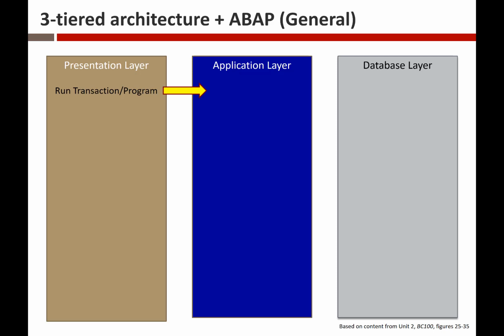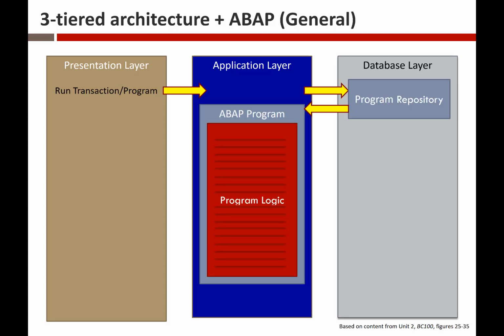That will result in them typing that in or them double-clicking it. That will result, of course, in communication being sent back to the application layer, and the application layer will retrieve the appropriate ABAP program. And you'll get to do this for your first homework assignment. You're going to write a very simple program and install it as a transaction in the system so that another user in the system could just type your transaction code and your program will run.